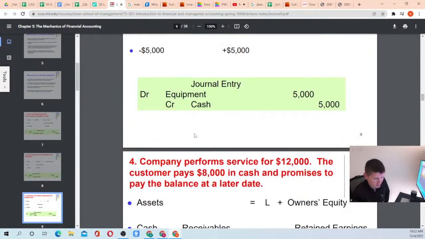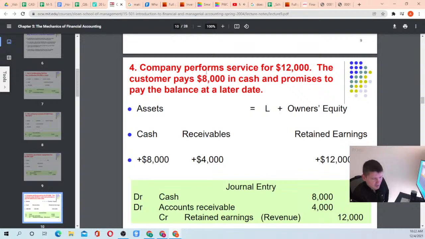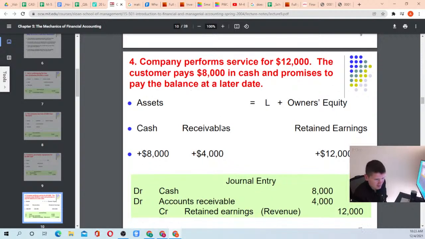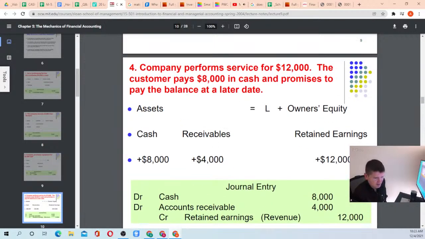So let's go here. Company performs services for 12,000. The customer pays 8,000 in cash and promises to pay the balance at a later day. So you see, we got 8,000 cash, 4,000 in receivables, and generated 12,000 in revenues.